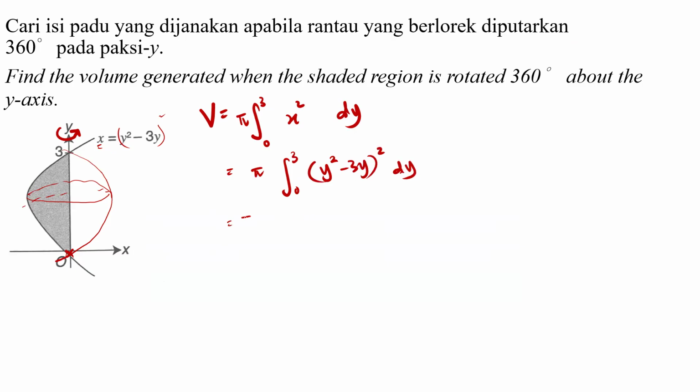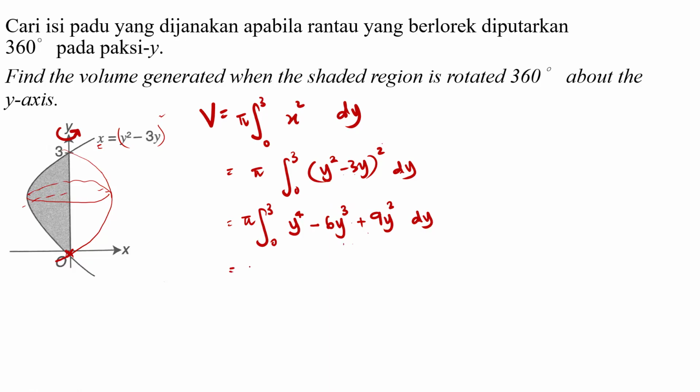We have to expand first before we integrate. So y to the power of 4 minus 6y to the power of 3 plus 9y squared dy. Okay, double check: y to the power of 4 minus 2 times 3, that is 6y cubed, plus 9y squared.